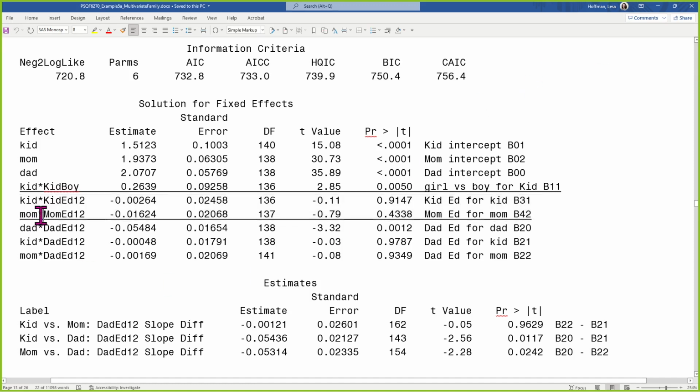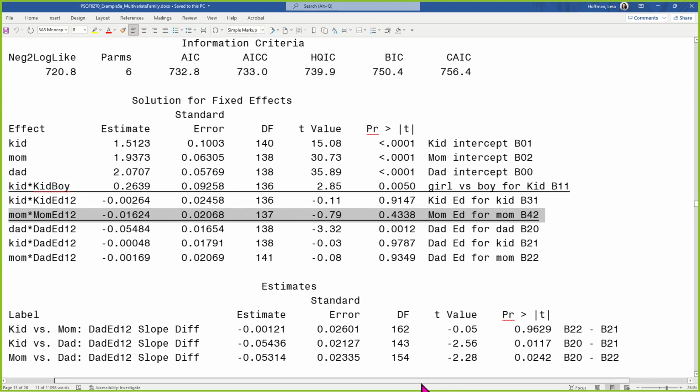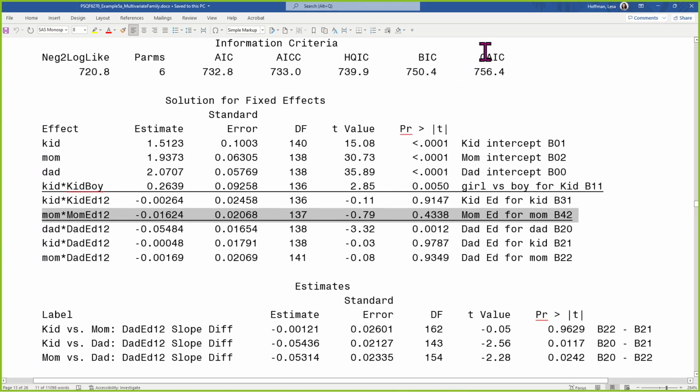What about mom's education? Don't you think that should matter? If dad's education matters, shouldn't mom's education matter, like in theory? Turns out, spoiler alert, it does. So one of the things that we get out of path analysis is indices of model fit, which is not about distribution fit, and it's not about strength of prediction.